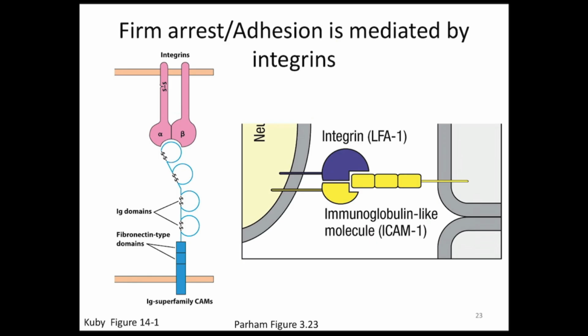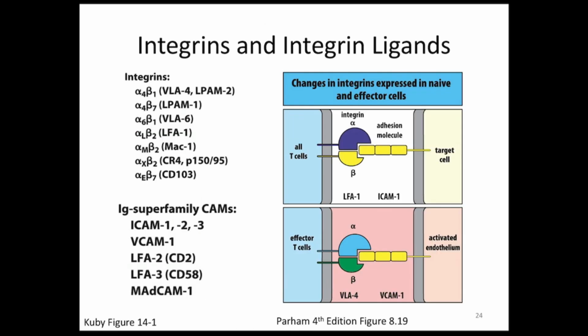Some of them that were discovered a long time ago, like this one, have other names because it was before we came up with that naming convention. So like you can see LFA1 is here. But oftentimes, as you will see on this next slide, the integrins are alpha something, beta something. Many of them have other names because we figured them out a long time ago.